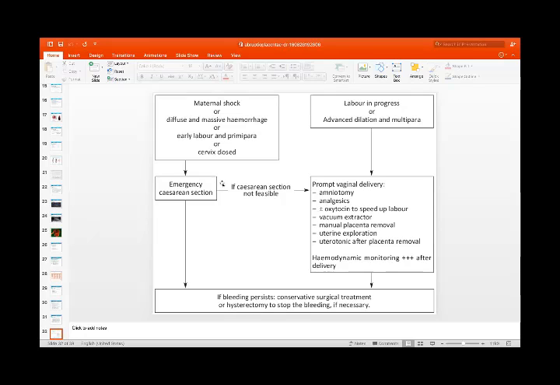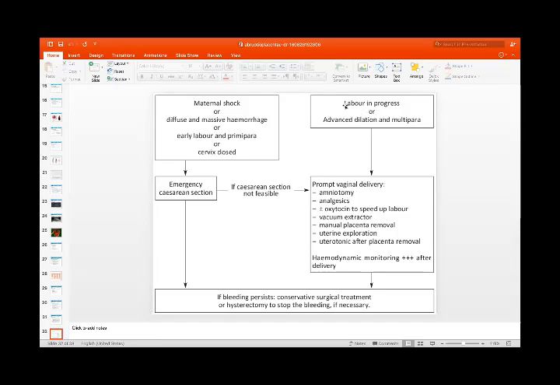If emergency cesarean section is not possible, there is some reason, then you will do prompt vaginal delivery. How? You will induce labor by amniotomy. You will start Syntocinon to speed up the labor, give analgesics, and in second stage, instrumental delivery. And after that, you will explore the placenta and the uterine cavity and give uterotonics after removal of the placenta. And hemodynamic monitoring is continued even after delivery.